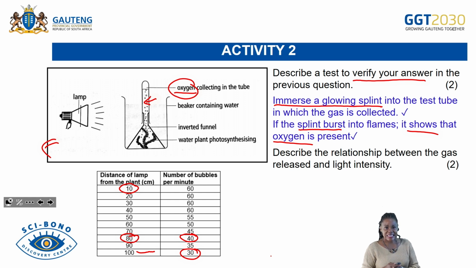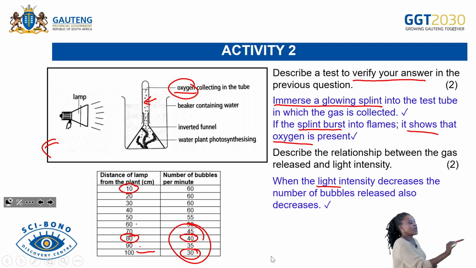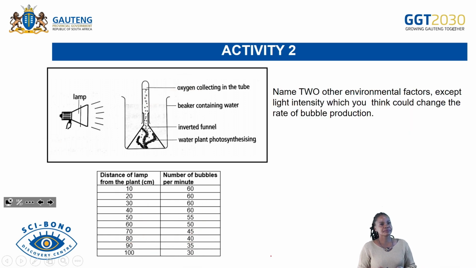Increase. Yes. So that is very, very true. When the light intensity decreases, also the number of bubbles decreases. And then when the light intensity increases, the number of bubbles also increases.